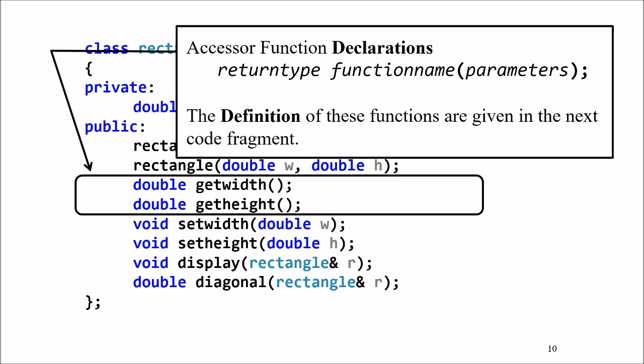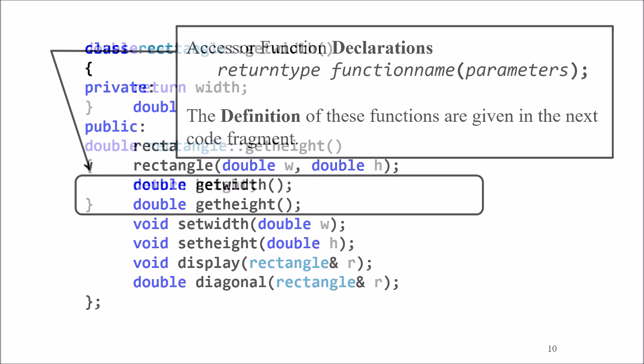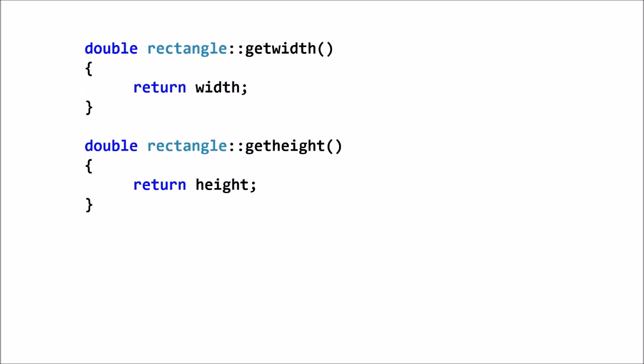We have to define these operations completely in the next code fragment. So this is the definition for both of those accessor functions. Again, if you want to see how this is put together with the rest of the code, please look at the example code listing that you can find on Blackboard.